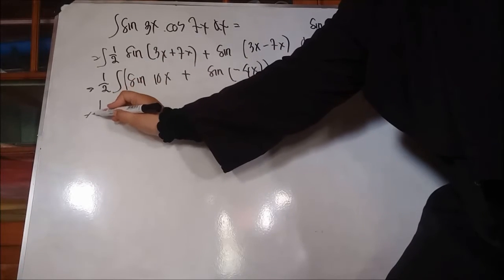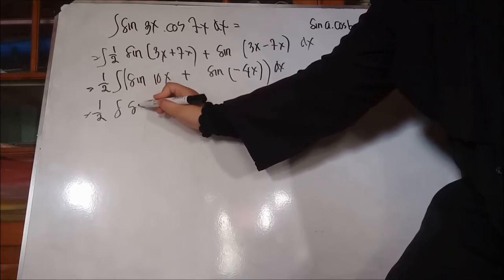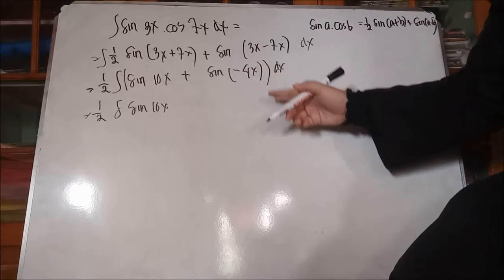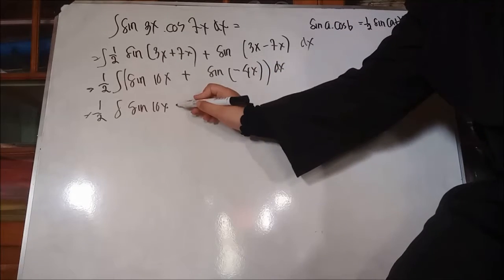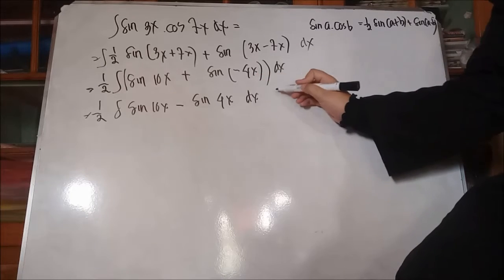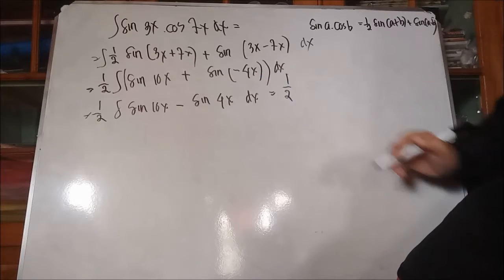And then we have 1 over 2 times the integral of sin 10x, and the sin negative 4x means that we have negative sin 4x dx. And then we can continue with 1 over 2.